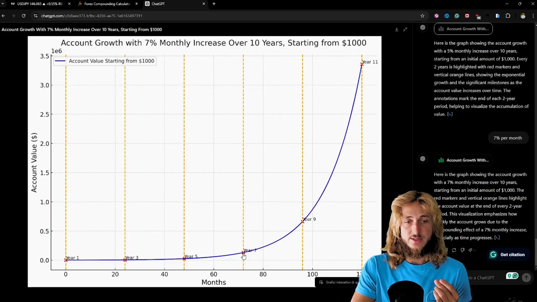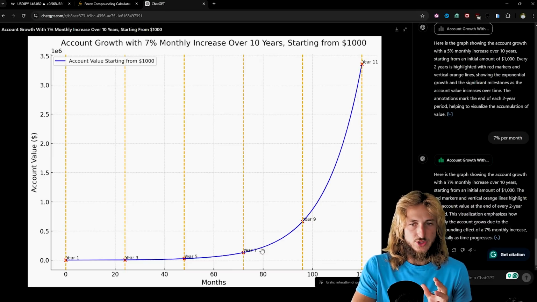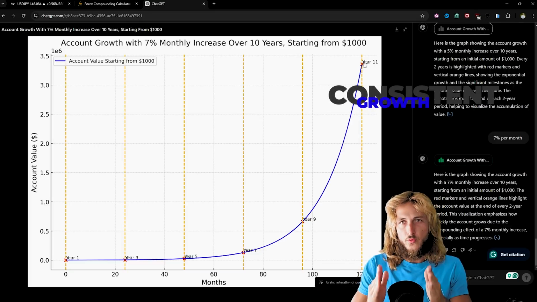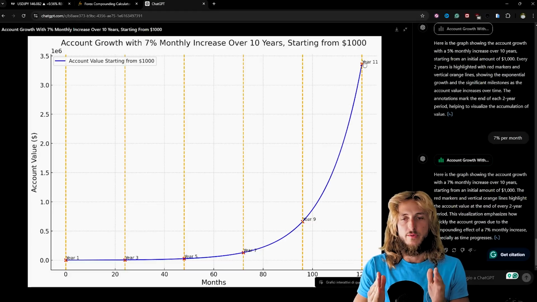So after 7 years, you don't really have that much. Well, you're starting to see the compounding effect, but not really that much. But then at year 9, at year 11, towards the end, that is where you really start to see the full power of compound interest.